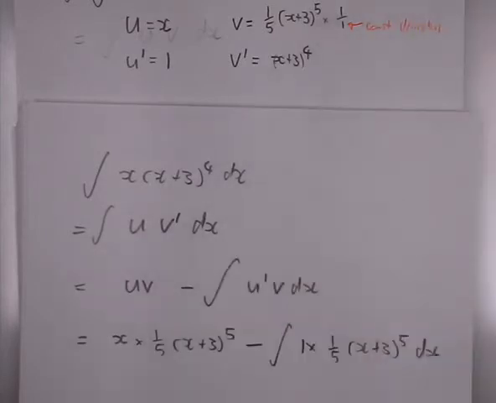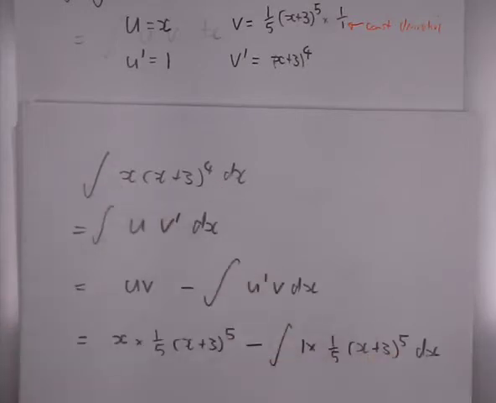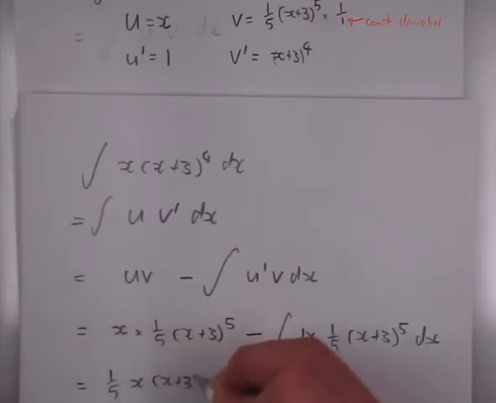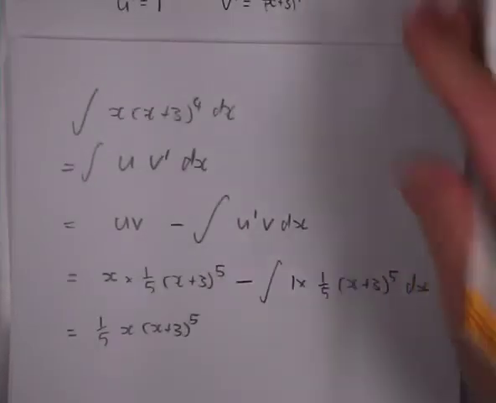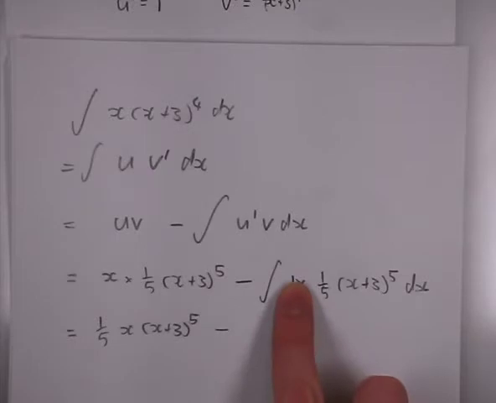And now, as I said, I still have an integral to do. All this did was turn the original integral into a new one that I hopefully know how to do. So this bit, I've got nothing left to do on this. And this bit, well, that 1 times doesn't do anything.